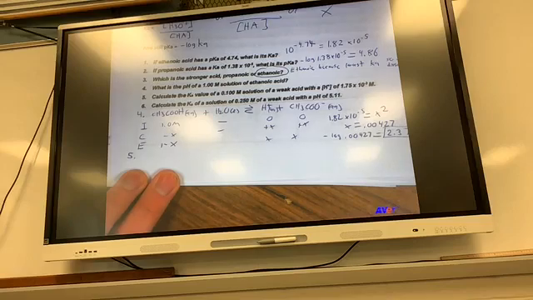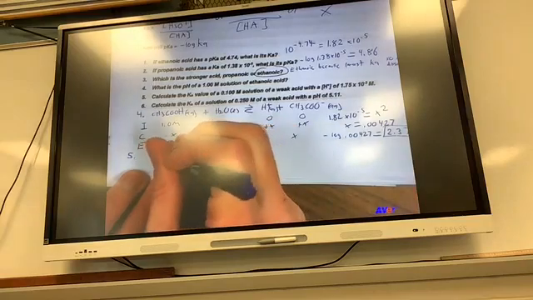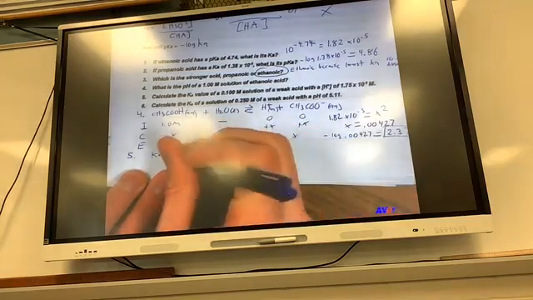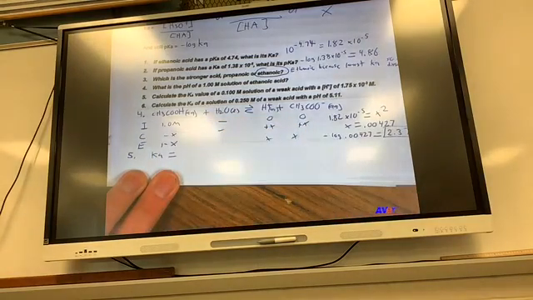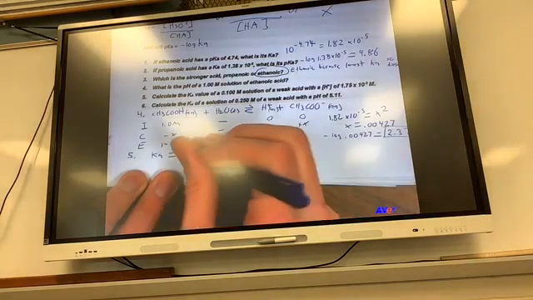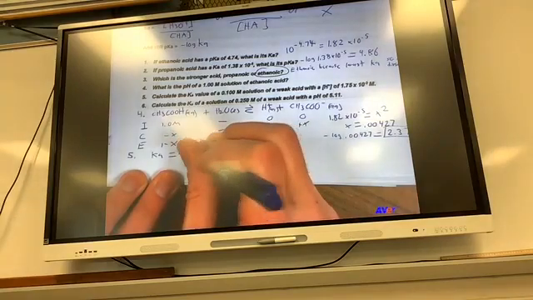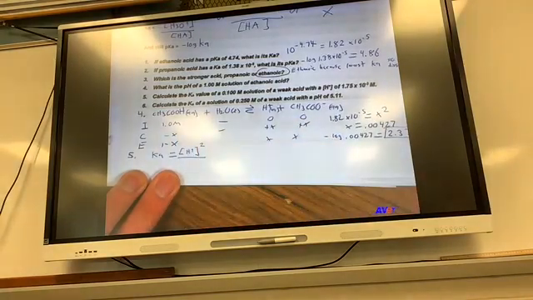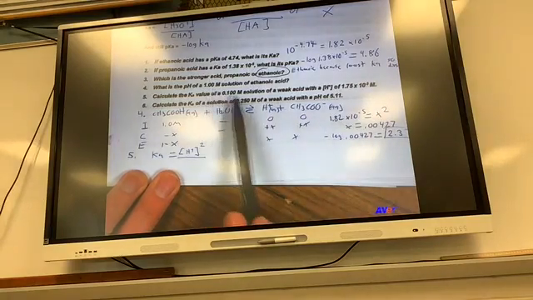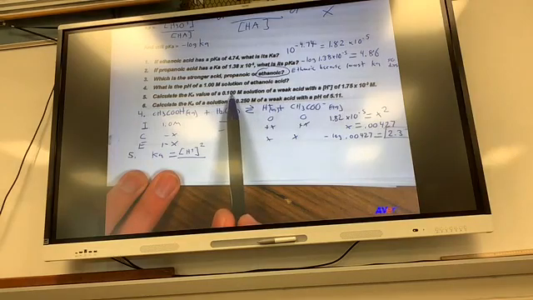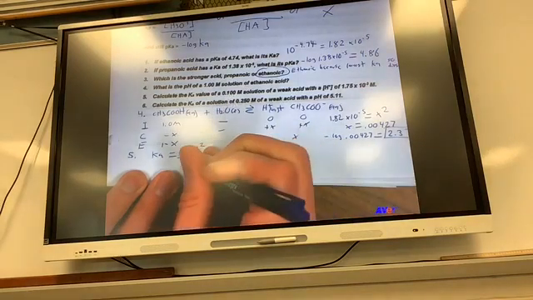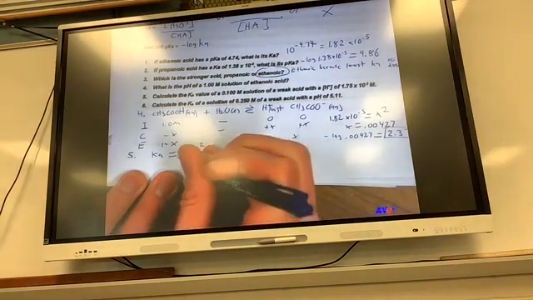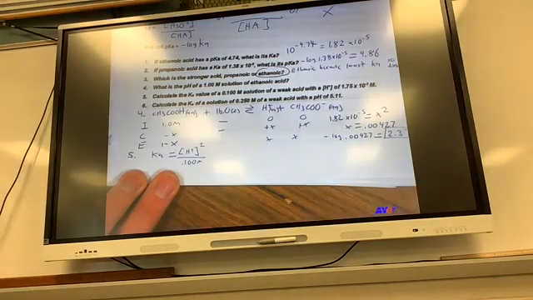Ka is going to equal the concentration of H plus squared over HA, which is 0.10 molar.